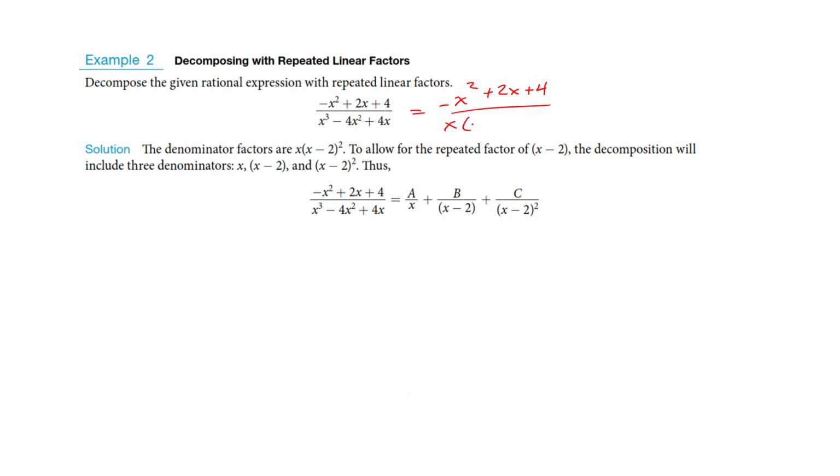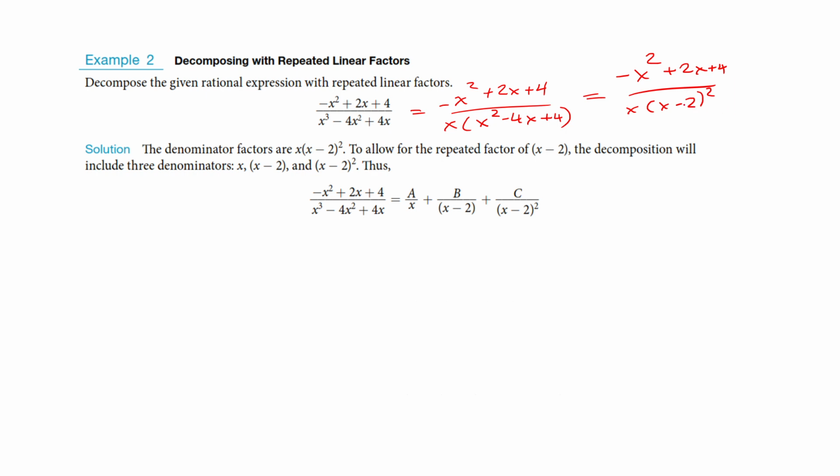So pull out an x here. Do you remember this factors down to x minus 2 squared?